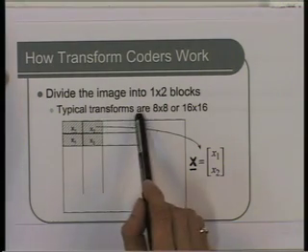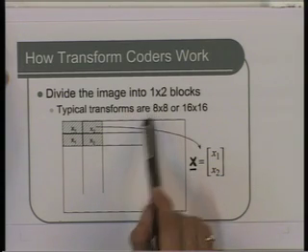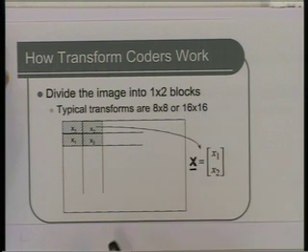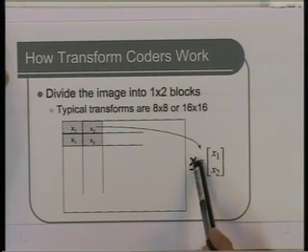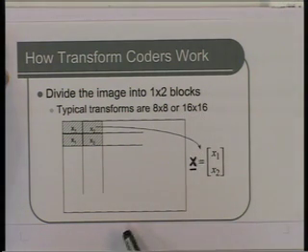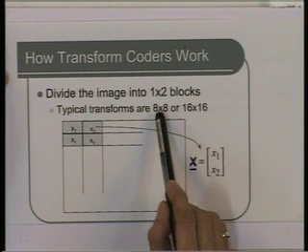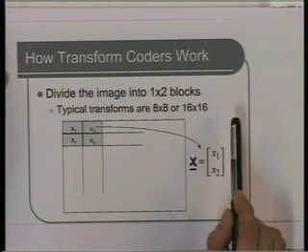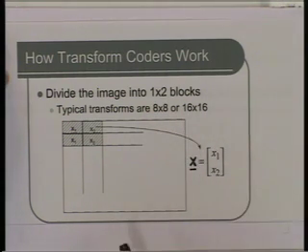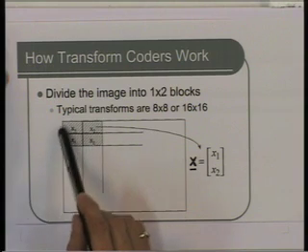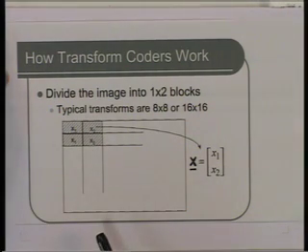Though in practice, typical transforms will use block sizes of 8 by 8 or 16 by 16. So, this vector x will be of size 64 or 256, and it is obtained by scanning these blocks from left to right and top to bottom. For our discussion, we will assume that we have 1 by 2 blocks, so our vectors are of length 2.